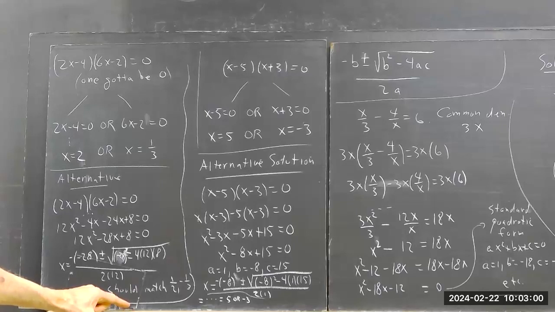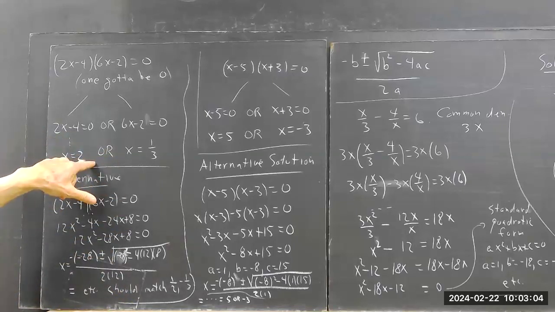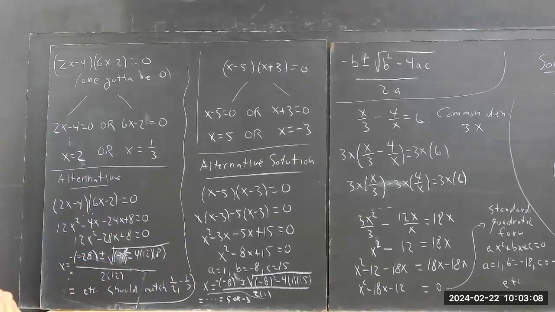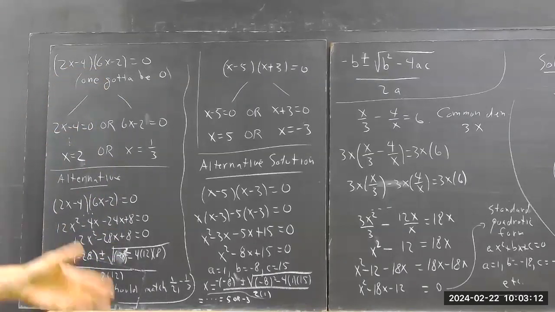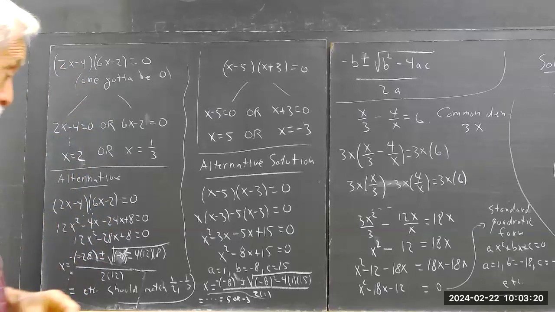But that's one way to check it. If the quadratic formula gives you the same thing that this gave you, chances are that you did it right. There are very few steps in this that mimic steps here. So if you do something wrong in one, you're unlikely to have done the same thing wrong in the other.